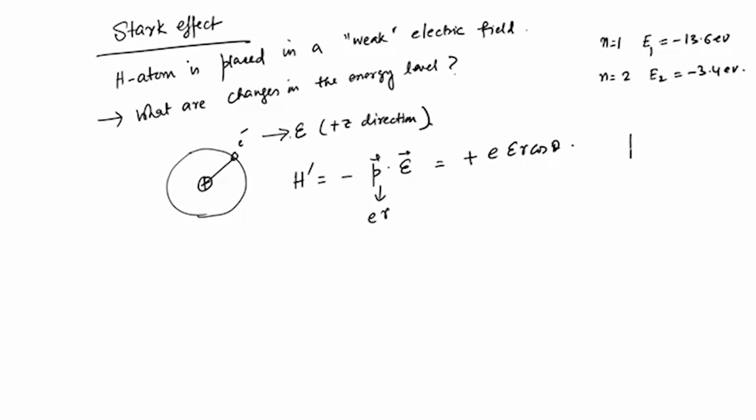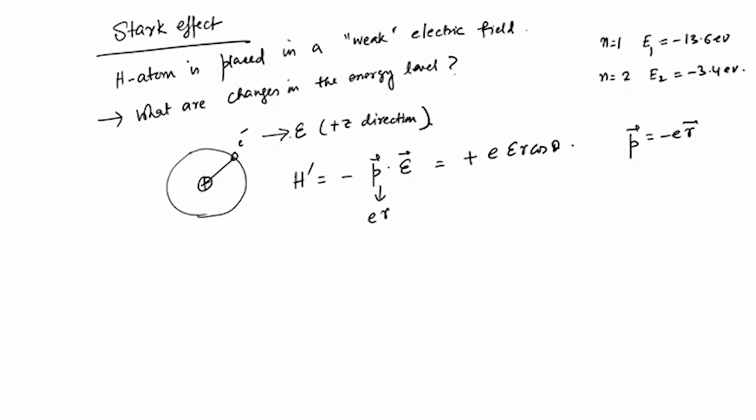So, P is equal to minus eR. That is the understanding, and that minus sign gets cancelled, and we have this potential energy, which is the perturbation term for us.